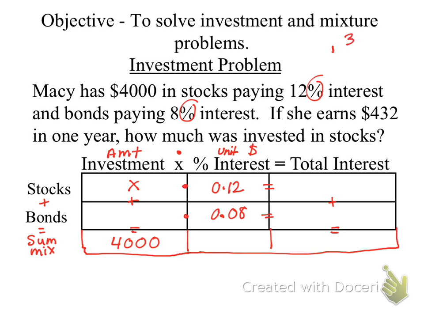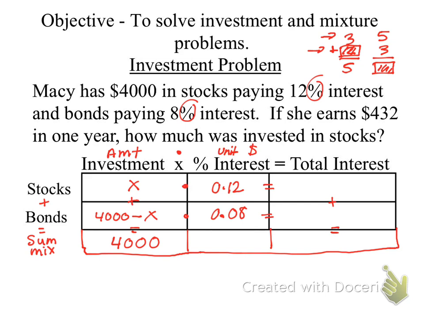If 3 plus 2 equals 5, and I don't know what 2 is, can't I also do the total minus the addend? This is an addend, this is an addend. The total minus the addend, so 4,000 minus X equals the other addend. You guys with me? 4,000, the total, minus what we started with will give us the other quantity. Does that make sense?